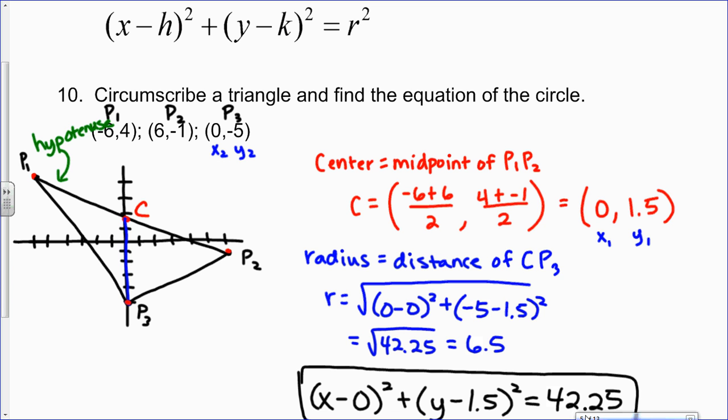I'm going to go to the right 6.5 units from my center, and then I'll also go up 6.5. So 6.5 will be about right here, and then 1, 2, 3, probably needs to be a little bit higher.